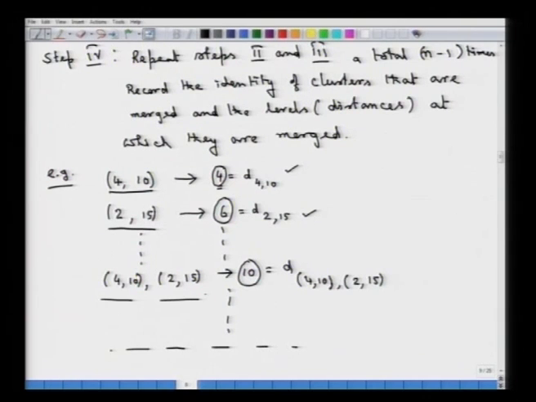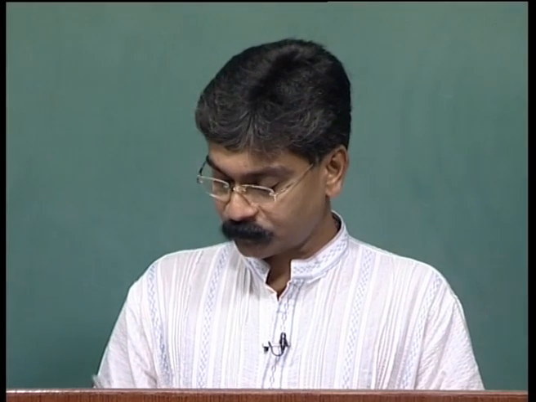And once we have all this information, the last step is to use this information to construct the dendrogram tree. So, we will conclude with step 5. Step 5 is that we will have to structure the dendrogram tree, which is going to give us the hierarchical clustering representation of the data.